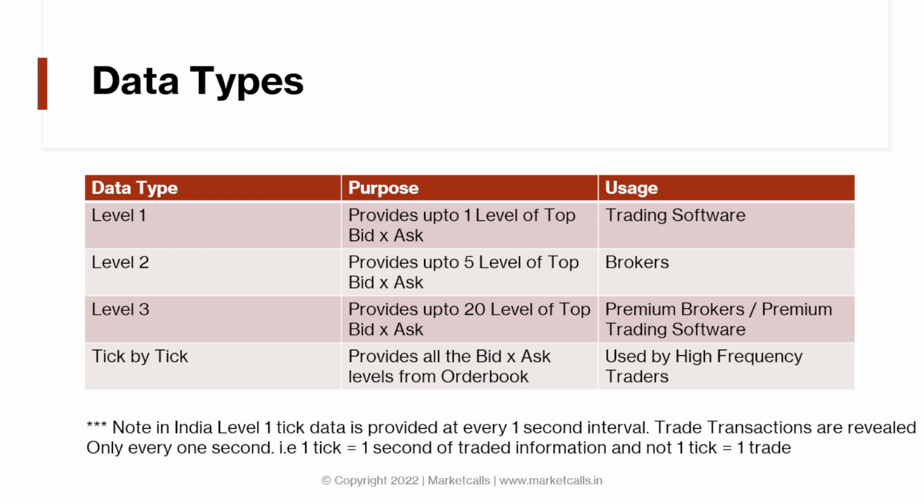Maybe if somebody has level 5 data, then they'll be able to go up to 5 levels. But if you want to properly use Bookmap at 20 levels, one can structurally have a clear-cut visualization of market orders and limit orders also. With limit orders, we can clearly see where the institutions are supplying liquidity, where they are creating resistance or support, or where the iceberg orders are getting floated.